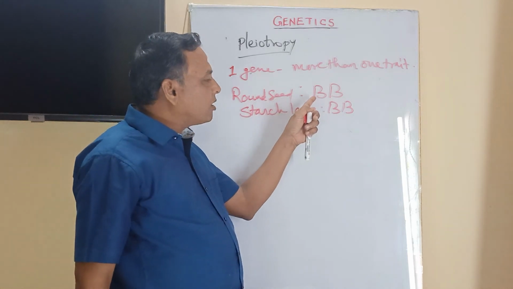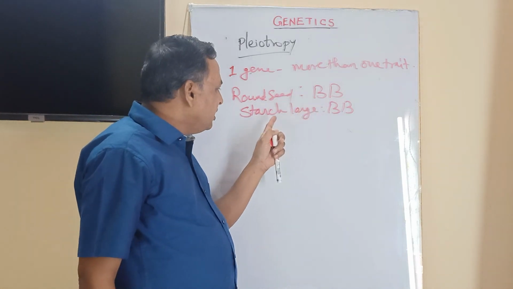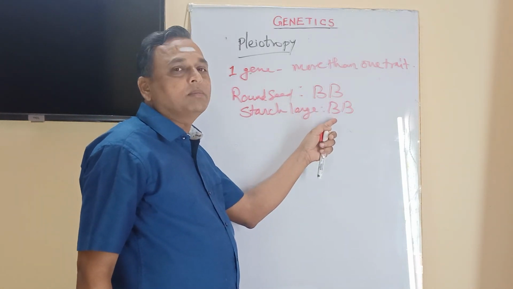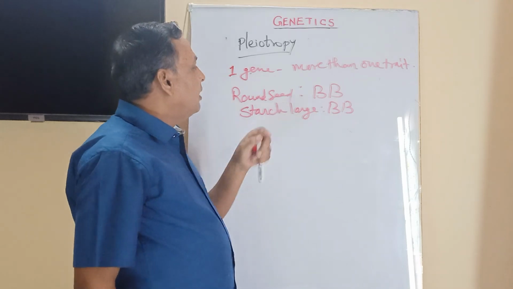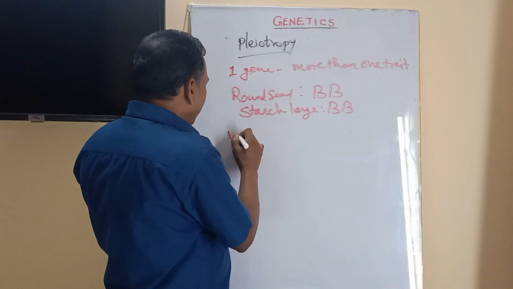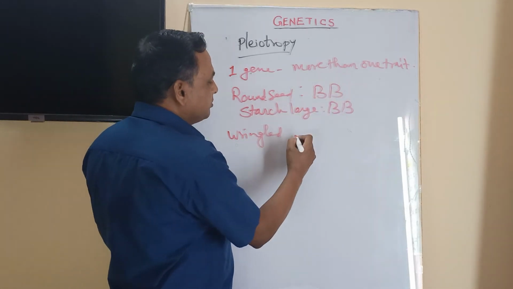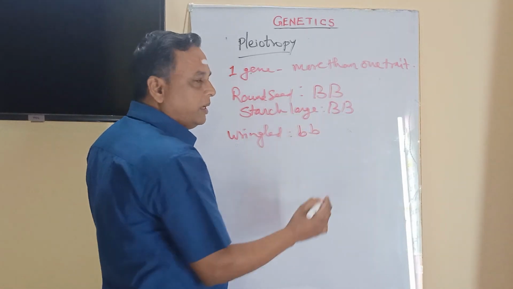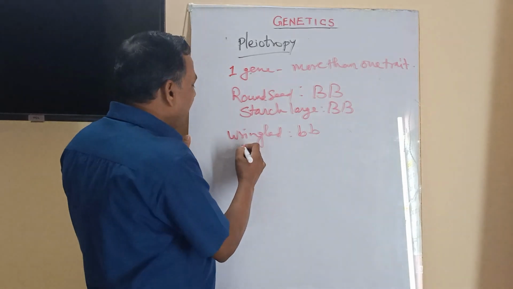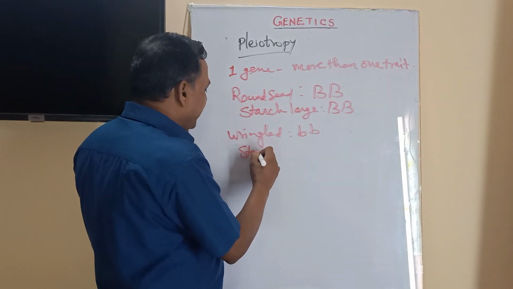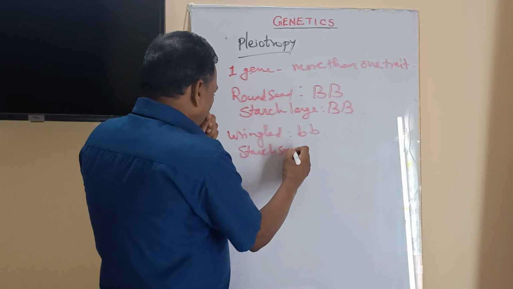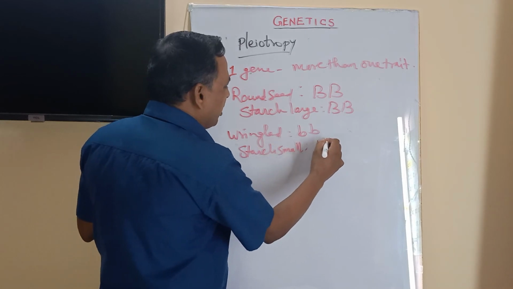Round shape is also controlled, and starch grain larger size as well. Then wrinkled is the opposite, small b. Then what happens? Small starch grain, small size, small b.